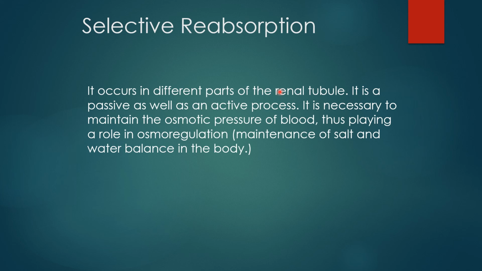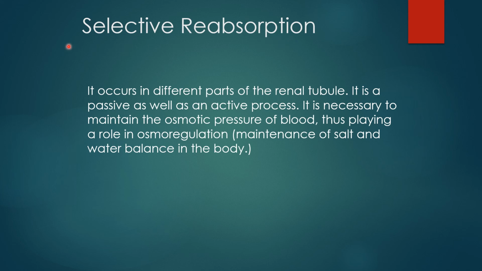This filtrate contains certain usable substances like water, like mineral ions, like glucose, and like amino acids. So these substances have to be reabsorbed in different parts of the renal tubule. This process in which these usable substances get reabsorbed in different parts of the renal tubule is called selective reabsorption.